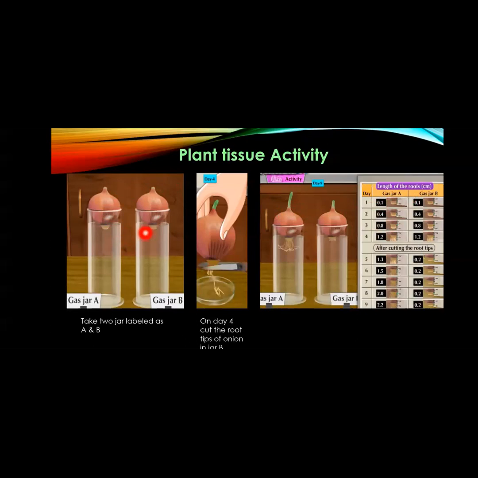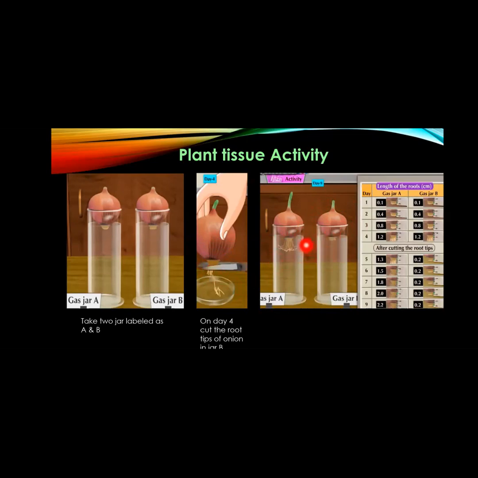From this picture, it is clearly visible that slowly the roots grow. As we have cut the root tips after 4 days, we have cut the root tips of the onion from jar B. Even after keeping it in water for few days, we can observe that the root tips have not grown.